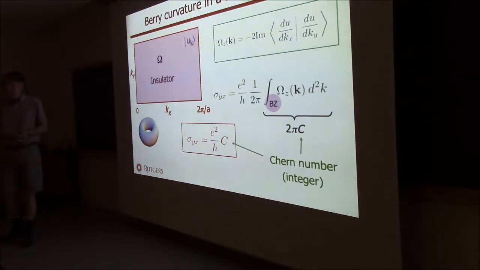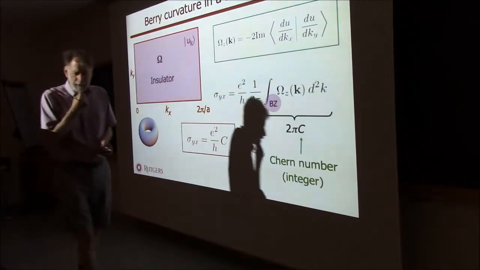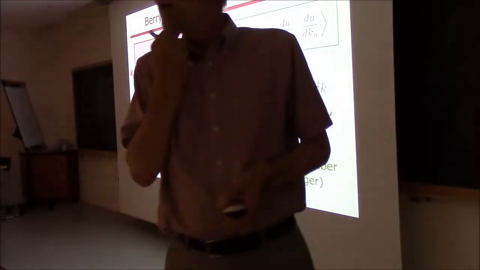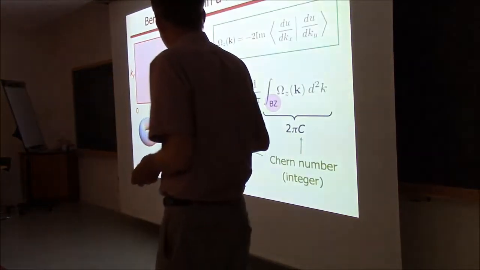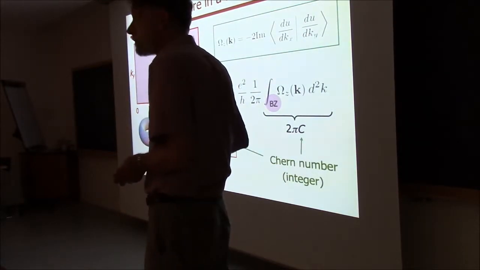For this Bloch wave function, is it a Bloch wave for the overall system or just some selected bands? The broader context is that this is some two-dimensional closed parameter space.